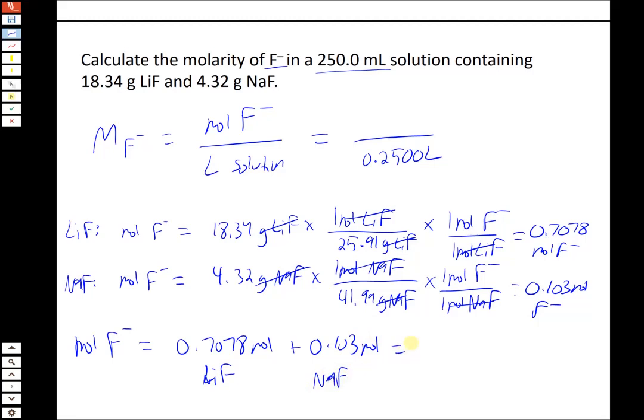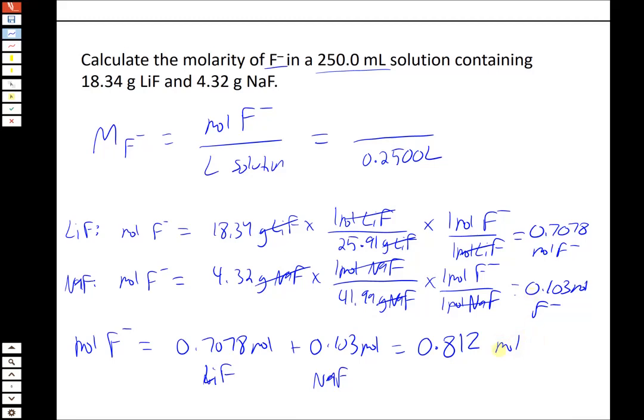So those two added together is going to be 0.812. I guess 0.811 if we're doing rounding properly, but that's not going to cause a problem.